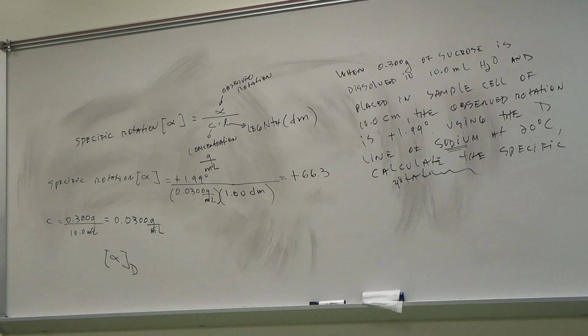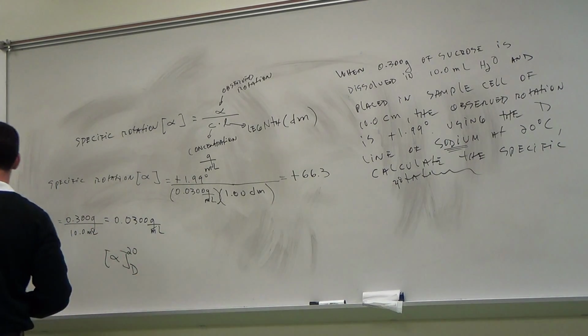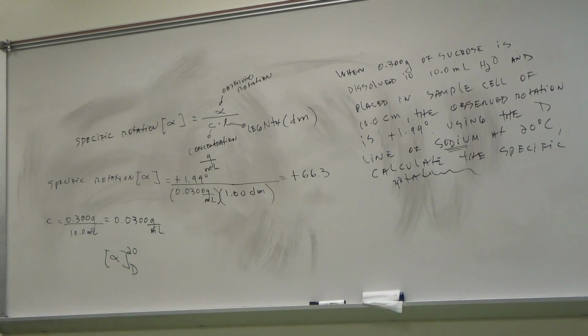That's why you have to put D line there. And on the top you are going to put the temperature at which you did this, because the temperature changes the specific rotation. Now, the temperature is not in the equation, is it? And sometimes it increases the rotation and sometimes it decreases the rotation. So we're just going to write it there.